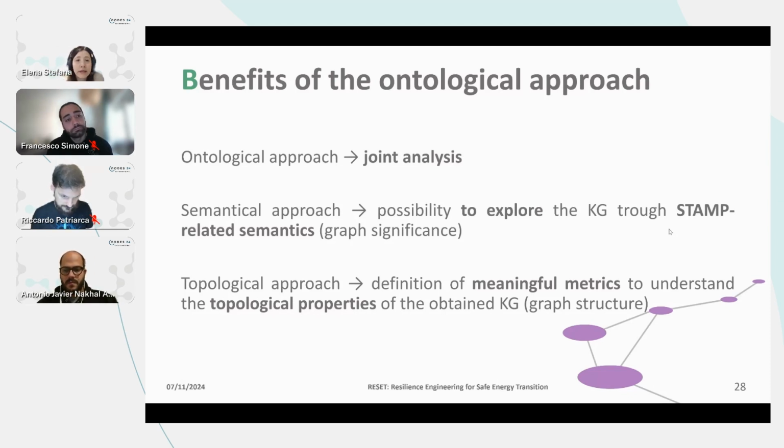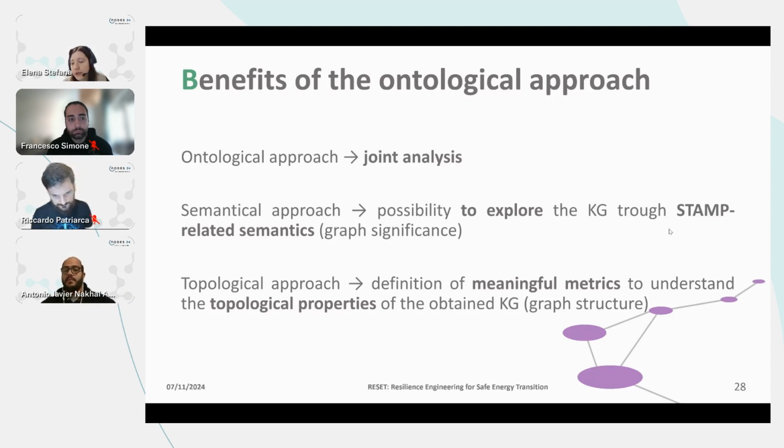The second point is the possibility to perform an analysis through the meaningful metrics that a knowledge graph could highlight, in order to understand the topological properties of a typical knowledge graph.